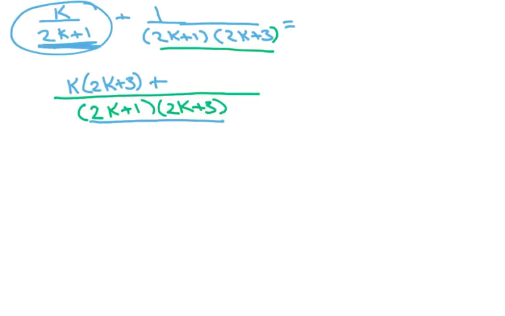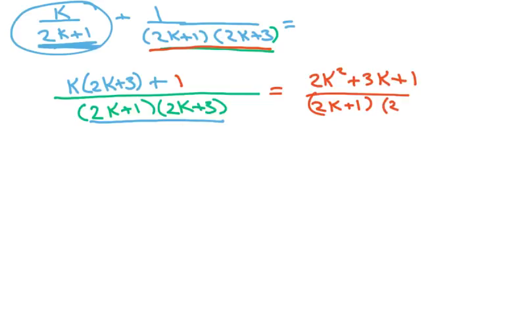Now my second term here, I ask myself, what do I multiply by this denominator to get the new one? And it's just 1, because it's the same denominator, so you get that. Now let's clean up the numerator. We get 2k squared plus 3k plus 1 over 2k plus 1 times 2k plus 3.